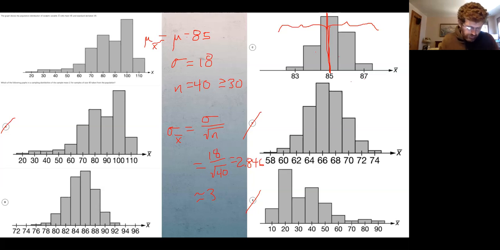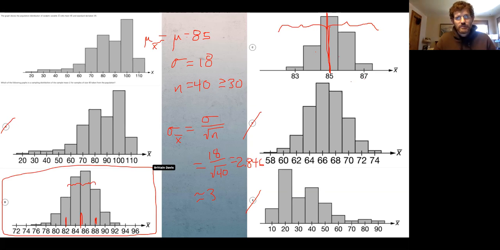It's much smaller. But if I go out here, here's the mean, and this is showing the standard deviations. That is much more believable as far as the standard deviation goes. So that is going to be our answer.